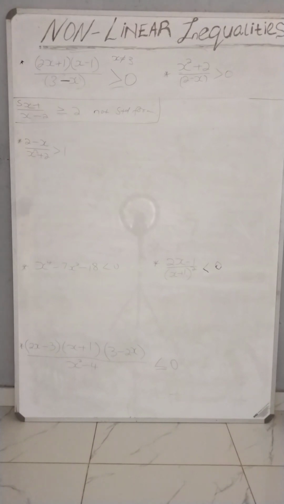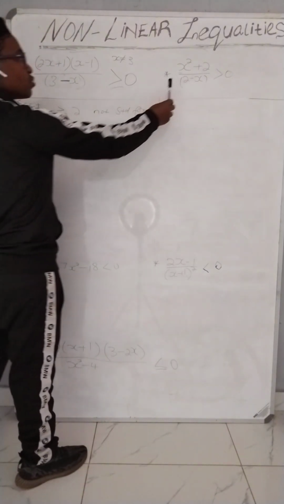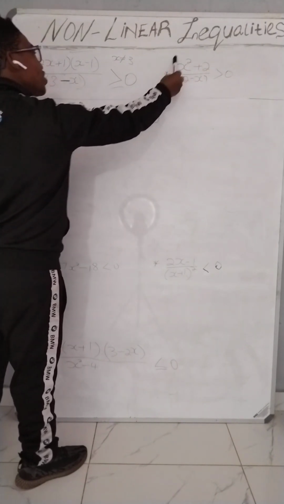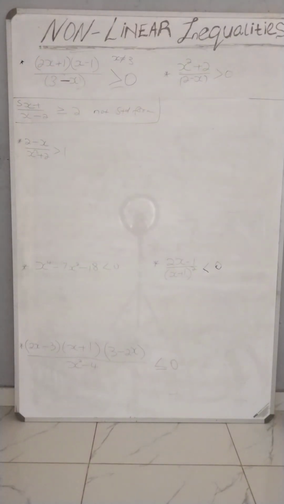We are continuing, guys. So in this problem, this is a bit tricky, so you need to spend a little bit of time looking at it. Now this one can actually give you a challenge, but if you look at x squared plus 2, if you remember in the previous example, I explained that when you have x squared plus 2, it tells you that for whatever value of x, this expression is always positive.